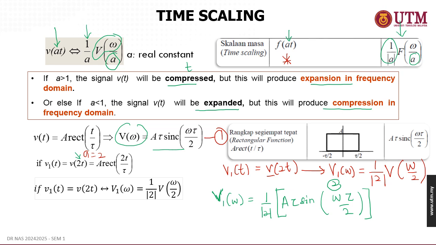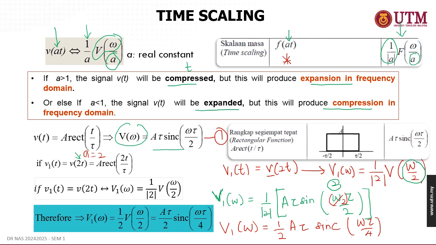But if you notice here, all omega will be divided by 2, meaning that this omega will be divided by 2. Now simplify the equation. V1 omega equals 1 over 2 A tau sinc function omega tau over 4. So this is the Fourier transform of the new signal, V1 omega.